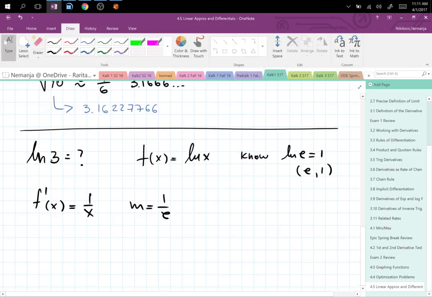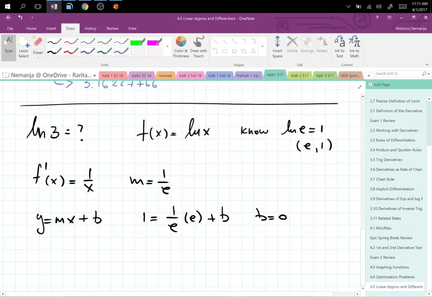We plug that into y equals mx plus b, so 1 is equal to 1 over e times e plus b. E and e cancel, you get 1 equals 1 plus b, so b is 0. And the tangent line that approximates is 1 over e times x.